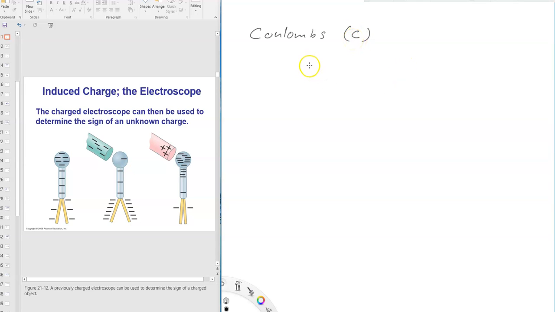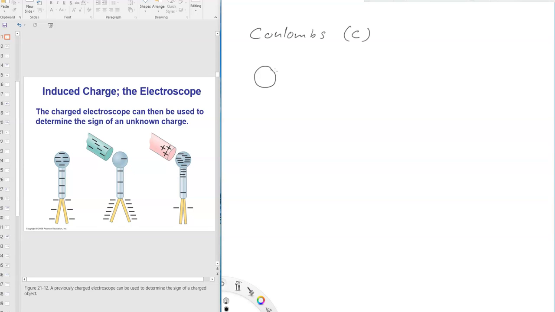So for example, let's say we have a metal sphere, a piece of iron. This metal sphere is made out of iron, so there will be an equal number of protons and electrons in it, right? Under normal conditions, it's neutral.